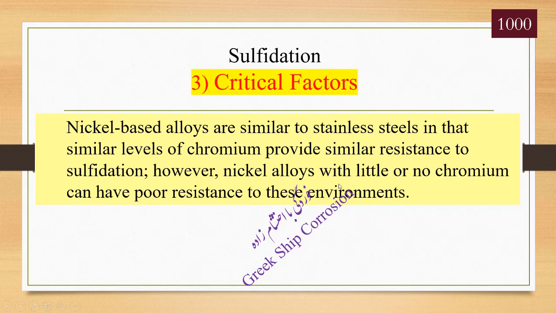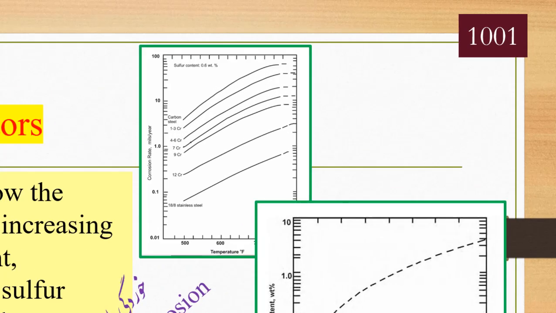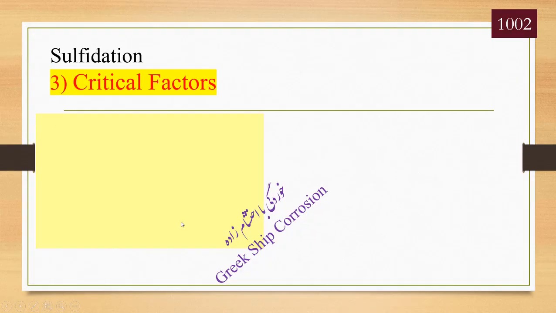However, nickel alloys with little or no chromium can have poor resistance to these environments. 3. These figures show the typical effects of increasing chromium content, temperature, and sulfur content on metal loss.